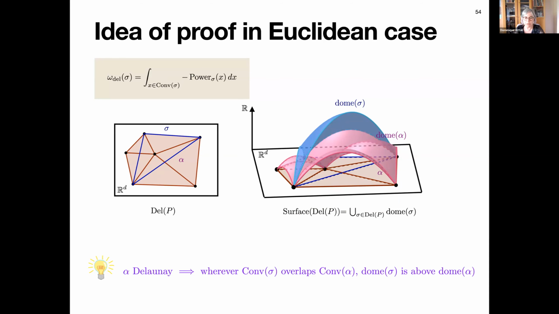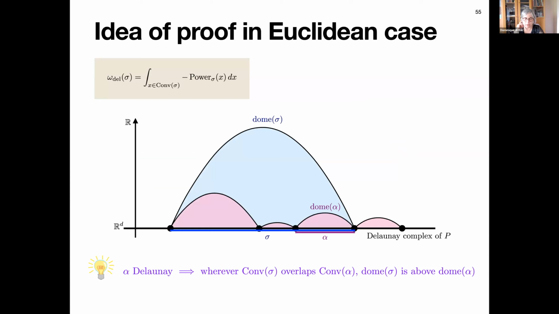And this can be represented here in 1D. So in 1D, I've represented the Delaunay complex of P. I've represented alpha, which is a Delaunay simplex, in that case two consecutive points, the dome of alpha in pink, and then I've taken a simplex sigma that is non-Delaunay, and I've represented the dome of sigma here in blue, that is above the dome of alpha.